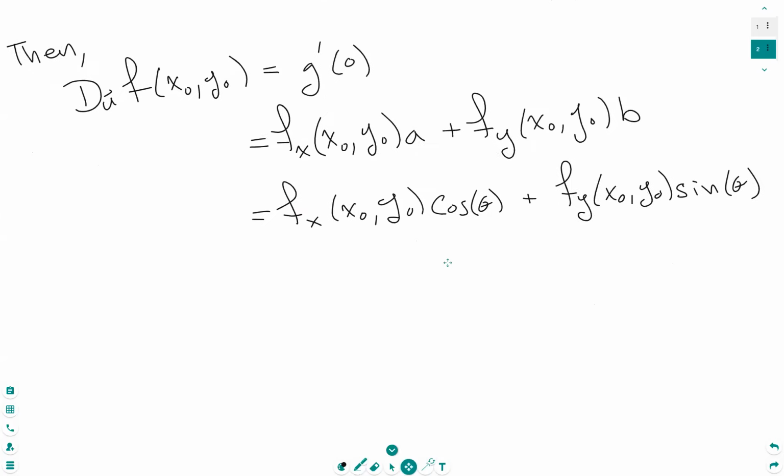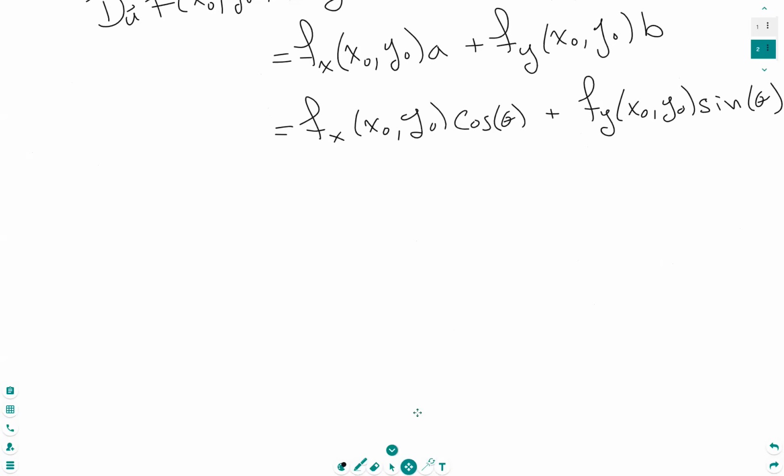Okay, let's do an example. We're going to use both definitions, meaning either this or the limit definition. So let's actually do it using the limit definition at least once. You've seen it. And then we'll do it from then on the good old-fashioned way, using these partials.